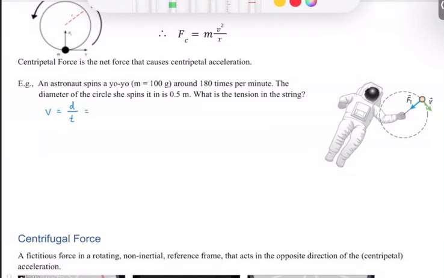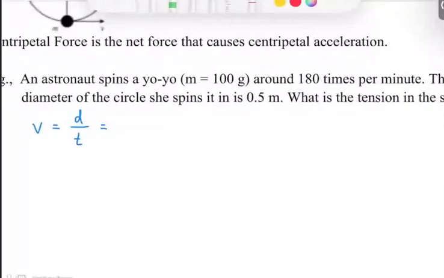And the distance that it's gone, well, this is a circle with a radius of 0.5 meters. So when it goes in one circle, right, the circumference of the circle is just 2 pi times r. But it does this 180 times per minute. So let's just look at 1 minute.